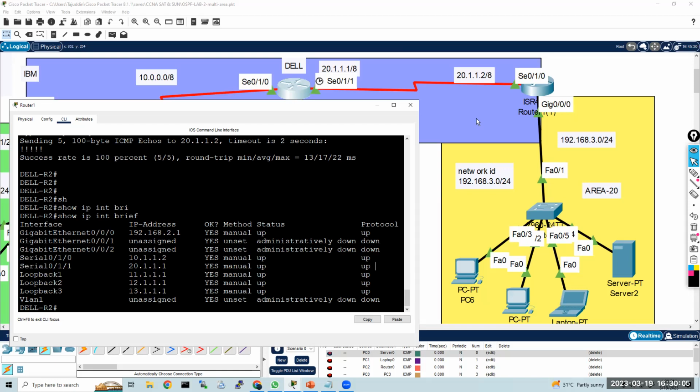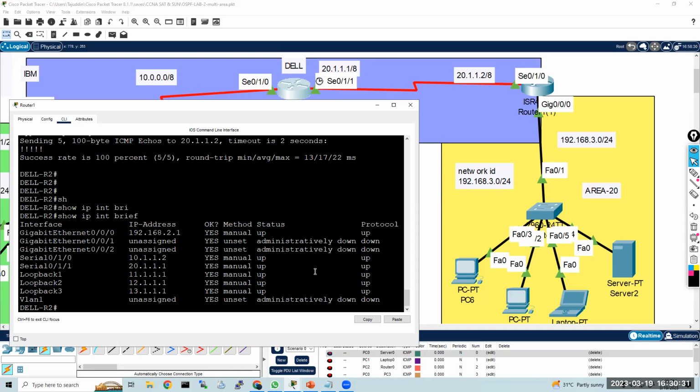Got it, guys? Can you tell me? Anyone got the answer? Sir, I think the problem is, we assign IP addresses 20.1.1.1 and 10.1.1.1, but we use the network 20.0.0.0. Maybe the issue is there. Nice.